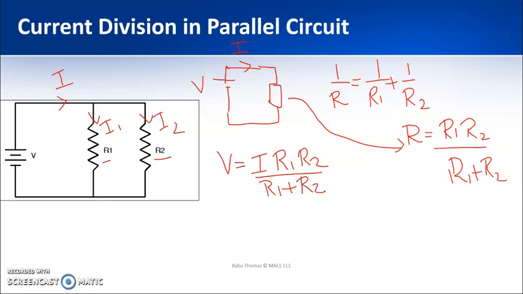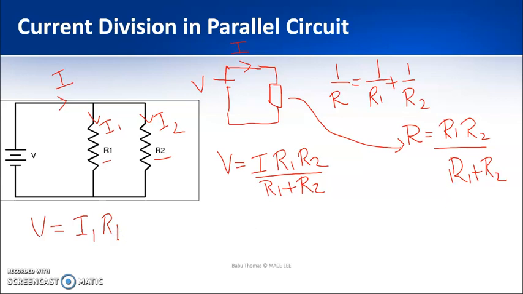Also, since it's a parallel circuit, the voltage across the resistances R1 and R2 is the same. So therefore I can write the voltage V also equal to I1 into R1.